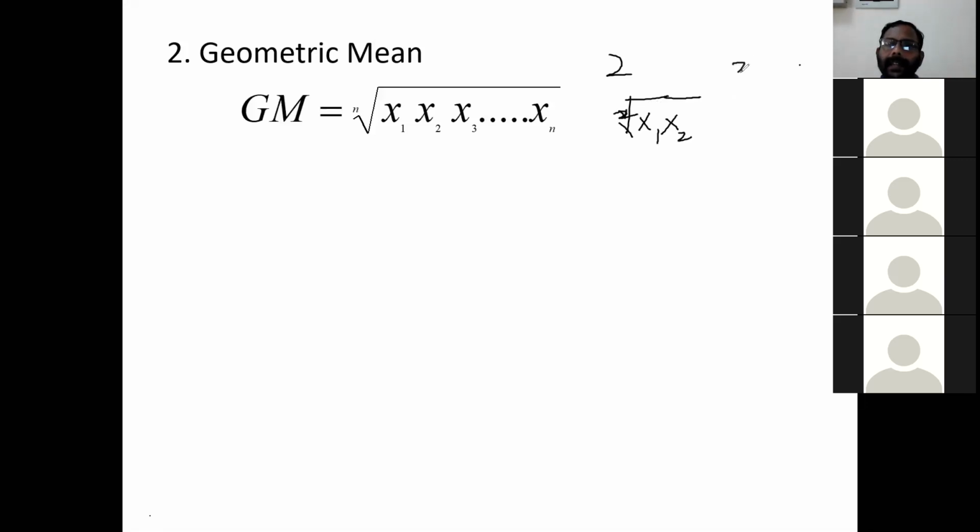If I have three samples, x1 multiplied by x2 multiplied by x3, and take the cube root. So likewise, n is the sample size. Is it clear?